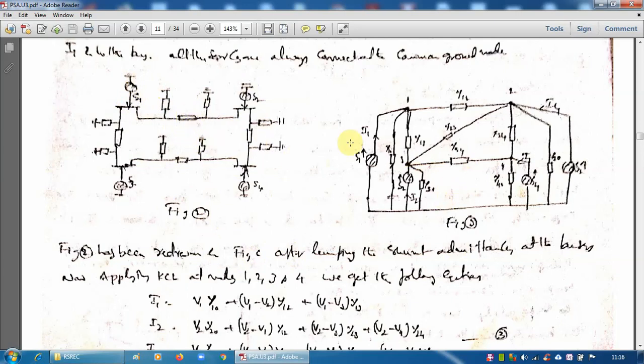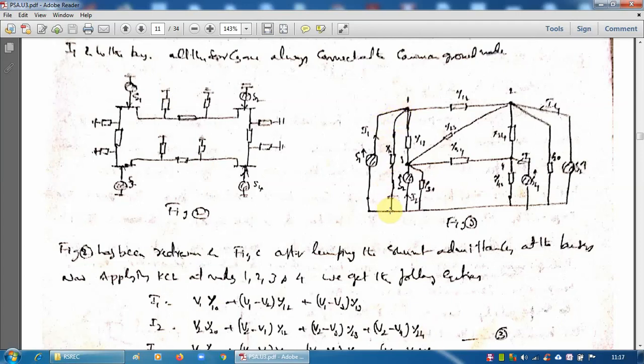Here this is an admittance. This series admittance is named simply Y12. That's all. Same thing here, Y12. And you see this shunt admittance between node 1 and ground. This is the shunt admittance between 1 and ground, and that is represented here also.